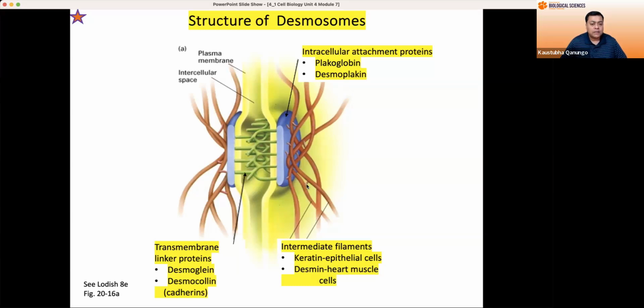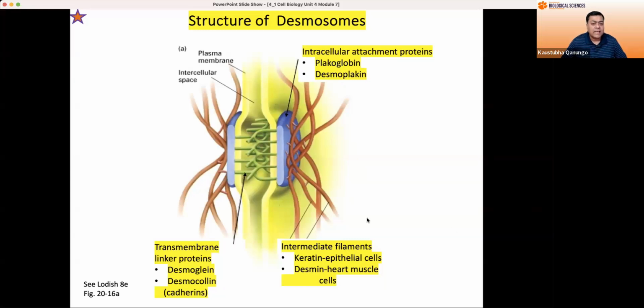So these intermediate filaments are made up of keratin in epithelial cells. So this is one of the reasons that these are extremely strong. And that's one of the reasons that we have these layers of 30, 40, 50 layers of dead cells on the surface of our skin, 200, 300 layers on the palm or the sole of our foot. And they are all kept together.